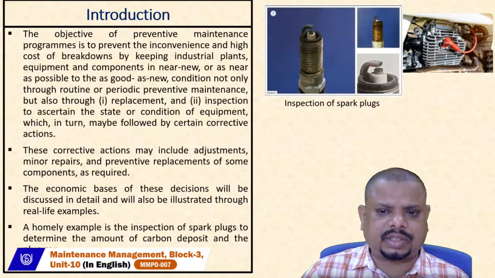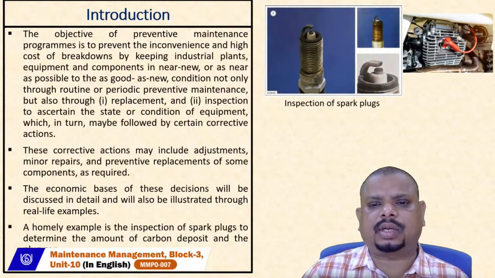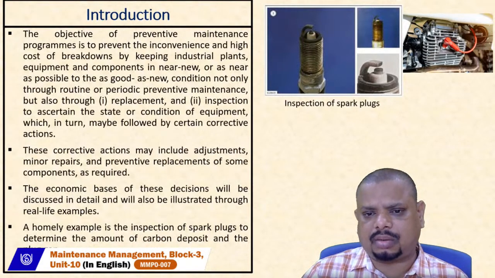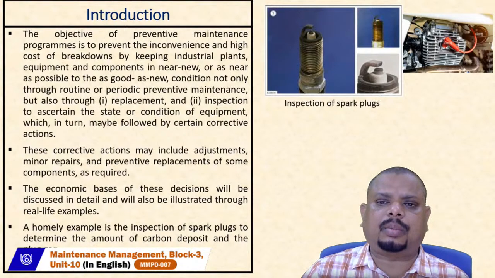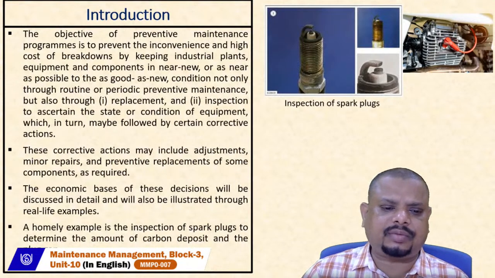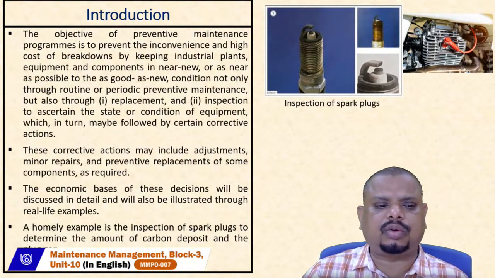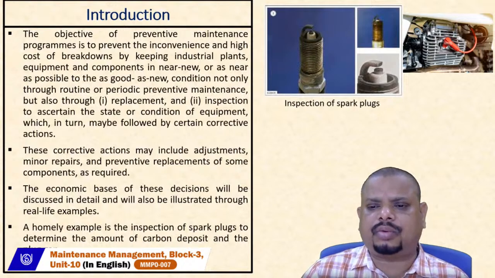During the inspection stage, you have to identify the different layers of carbon deposit on the upper surface of the spark plugs, and by inspection you can easily identify and take the decision whether to go for minor repair or for a replacement policy for the spark plugs.